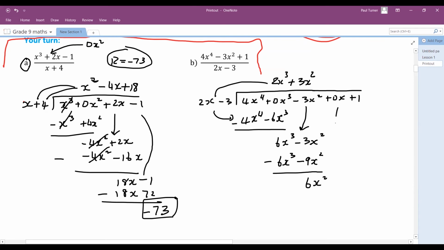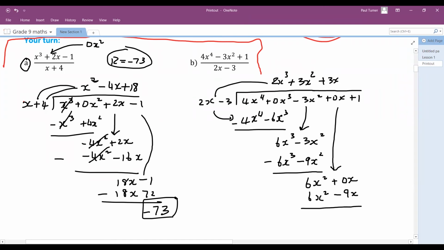Bring down your 0x. You might think it's nothing, but that 0 is important here. So 0x here. So looking at this, we've got 2x and we have 6x squared. So this looks like it's going to be 3x. Okay, 3x times 2x, 6x squared. 3x times minus 3, minus 9x here.